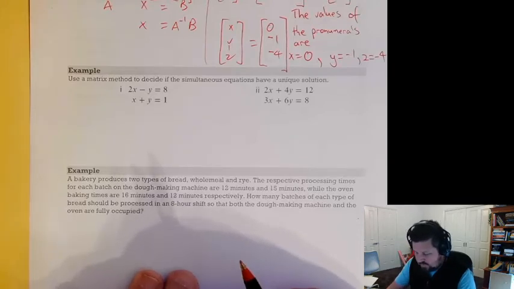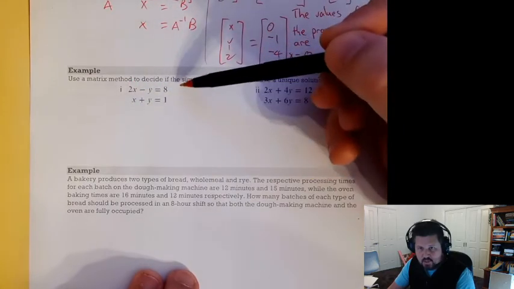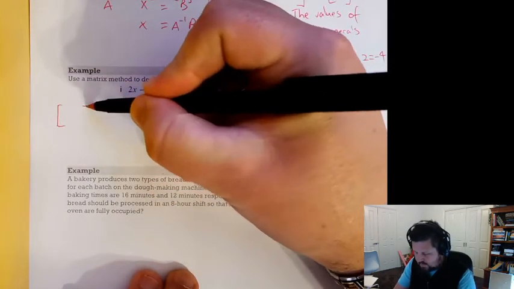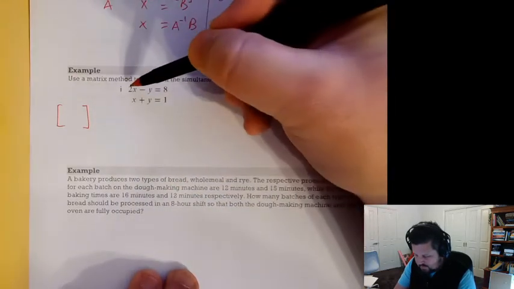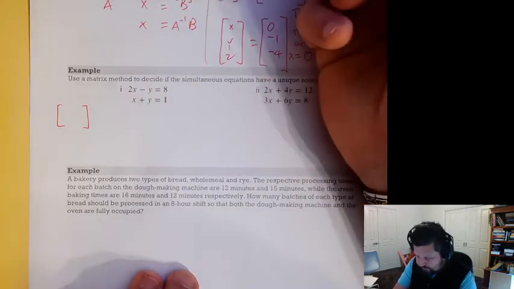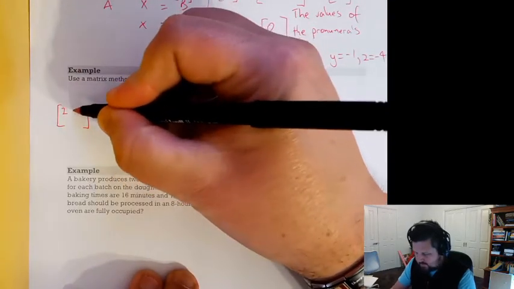I would put these simultaneous equations into matrix format. So again, doing that, you're going to have the coefficient matrix. The first line is going to have the 2 and -1 lot of y. So you've got the 2 and -1.